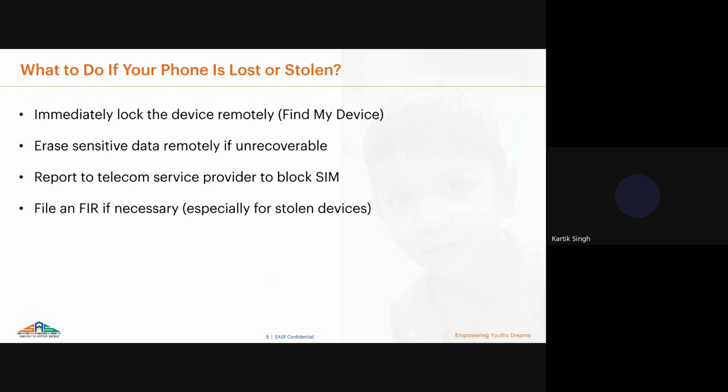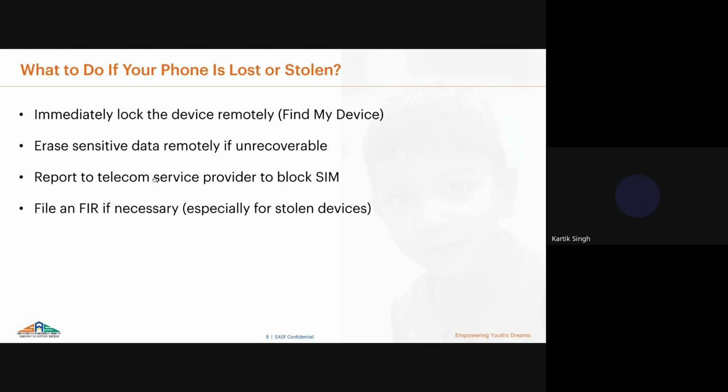Now, if your device is lost or stolen, you can lock your device remotely through Find My Device. You can also erase sensitive data remotely if it is unrecoverable. Report to telecom services that your device is stolen or lost, and block your SIM, so that if someone gets access to your device and that physical SIM and uses it in their device, they can use it for malicious purposes, and you will be held responsible for all those acts that they are doing with your SIM.